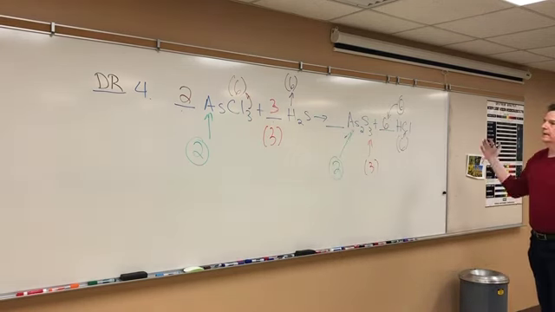Okay. On to number 5. Let's see what we got with number 5 here. We got copper sulfate pentahydrate, making copper sulfate plus H2O.